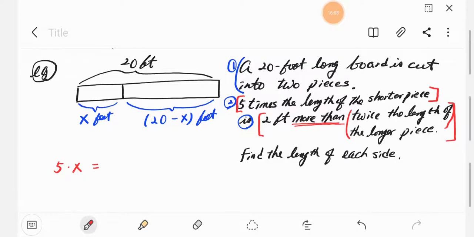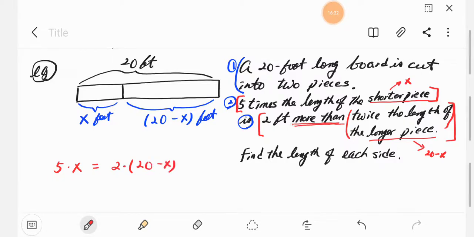The shorter piece is x, right? How about the longer piece? Twice the length of the longer piece. The longer piece is 20 minus x, so twice the length of the longer piece means 2 times 20 minus x.